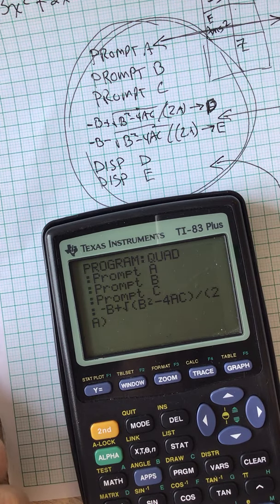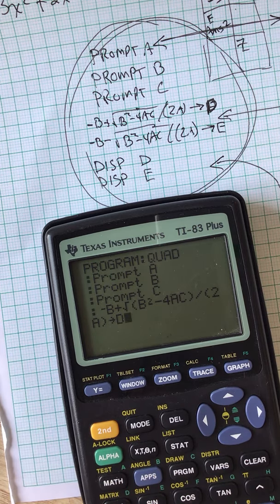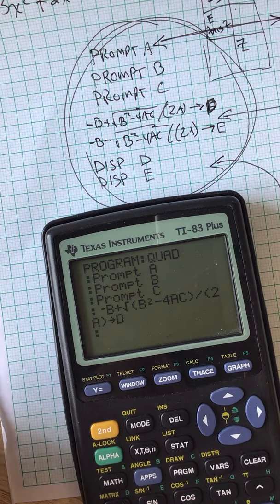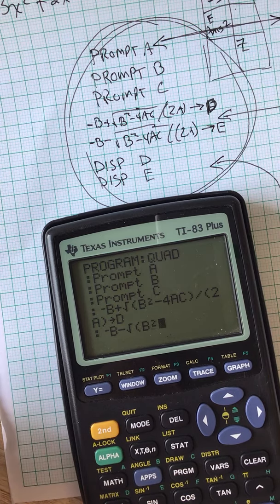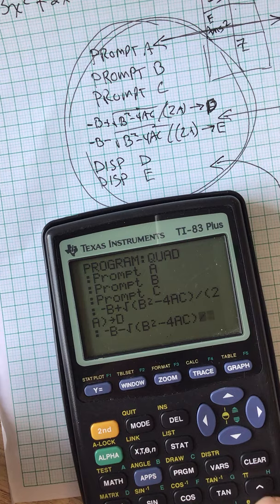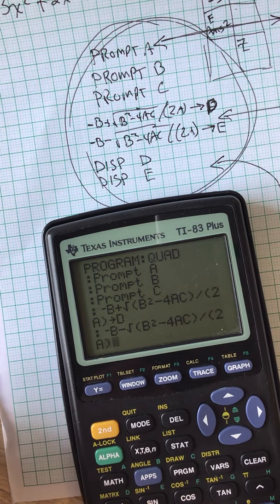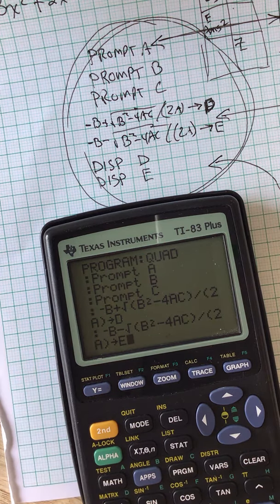So there's actually the quadratic formula, and I want to store that in D. So that's the positive answer. Then I want negative B minus the square root of B squared minus 4AC divided by the package 2A, and store that one in E.